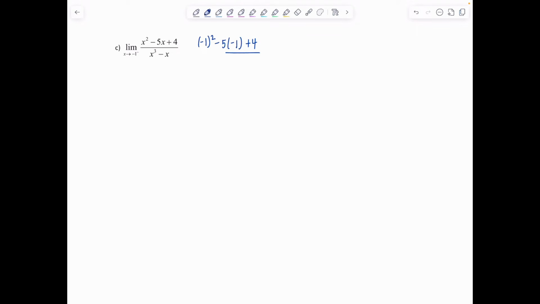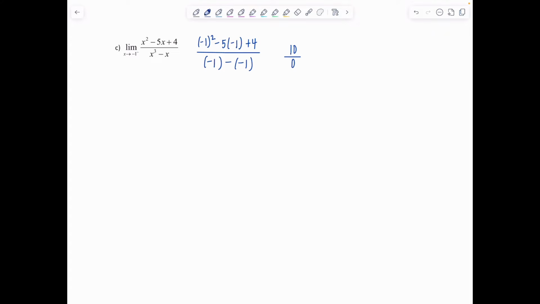And then in the denominator, -1 cubed, that's going to be negative 1 minus negative 1. Okay, so already I can tell the denominator is going to be 0. In the numerator, what is that? Positive 1 plus 5 plus 4. That's 10. So we have 10 over 0.